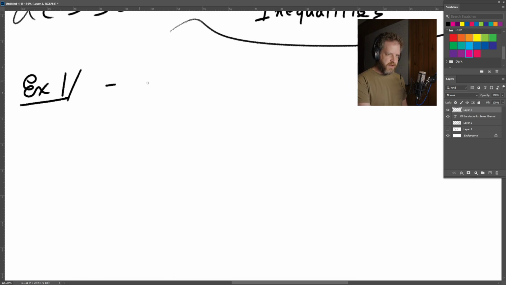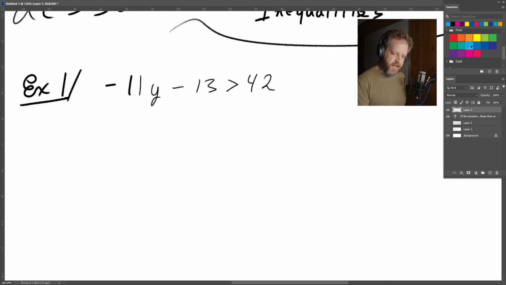Okay, so we're going to solve and graph this guy. We're going to do negative 11y minus 13 is greater than 42. So we're going to solve it and we're going to graph it. So what should we do first? Add 13 to both sides sounds like a great idea.